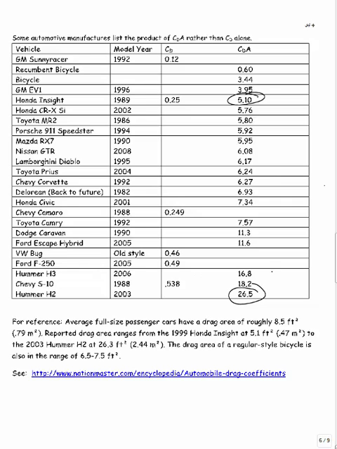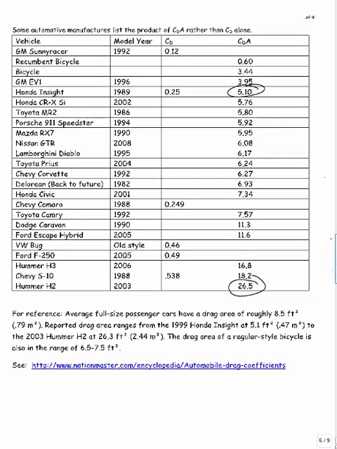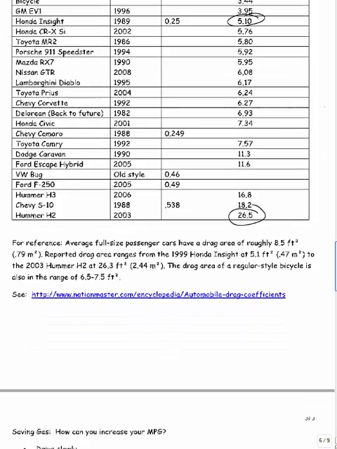All the Hummers are pretty bad. This is CdA. A lot of times it's not just reported as Cd, because the area is also important when calculating drag. So CdA gives you an easier calculation of getting to drag, and it's a much more direct comparison among all the cars than just the coefficient of drag, because of that area.